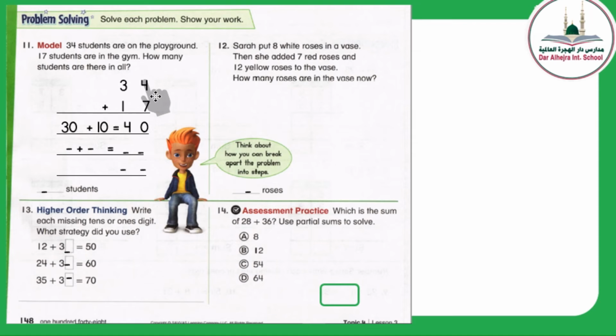Next, I'm going to add the ones. So I'll be writing here 4 and I'll be writing here 7. Now I'll add them. I know 4 and 7 are 11, so I'll write here 11.